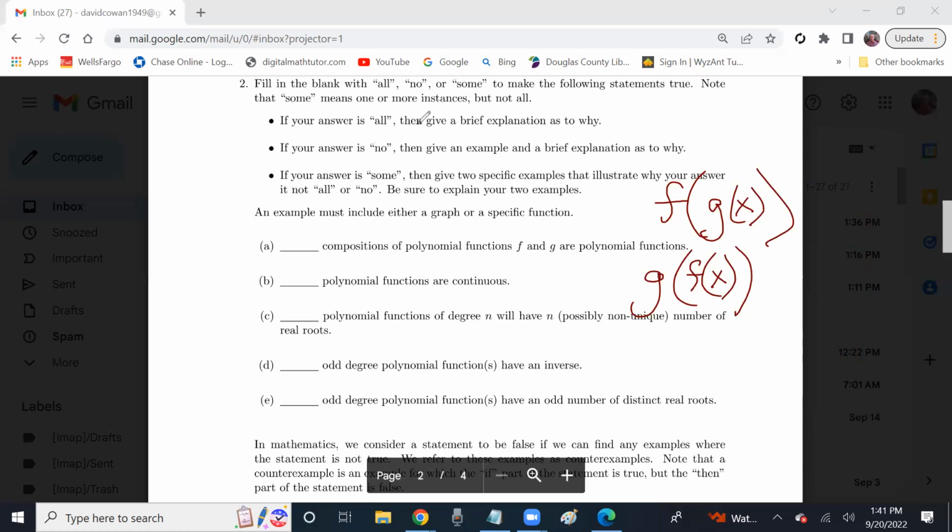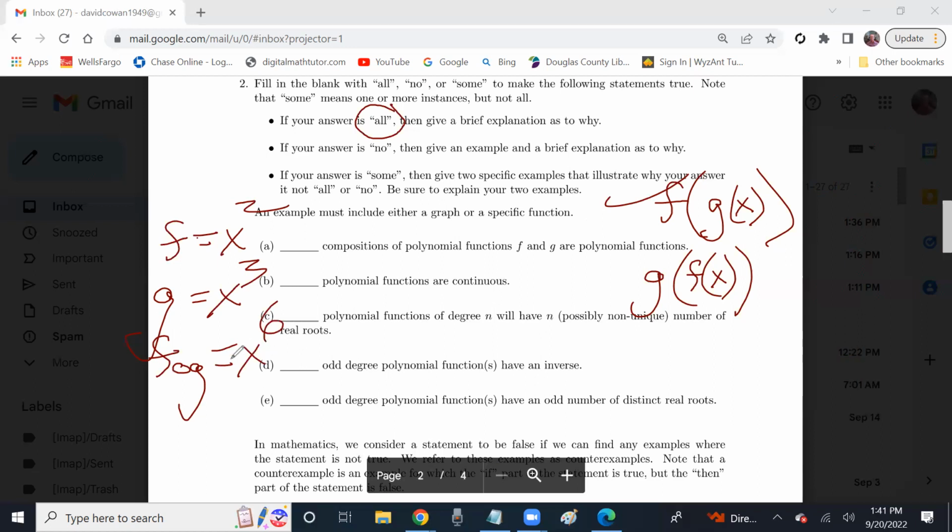The way to approach this is assume all. Because we know that there are some. In other words, if I said f was equal to x squared, and g was equal to x cubed, well, certainly f of g is x to the sixth, which is a polynomial.